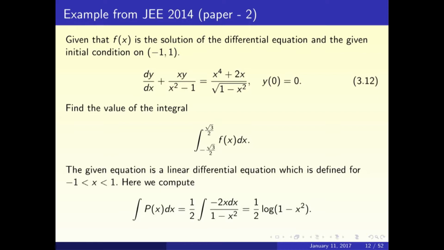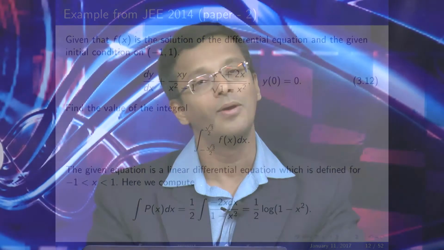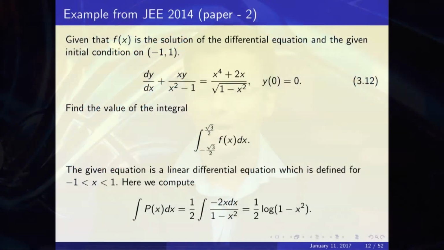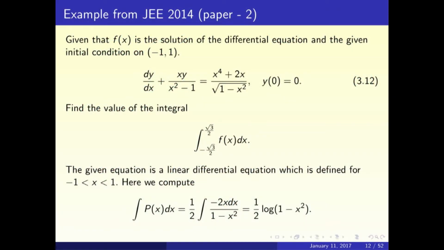And the integral is log mod 1 minus x squared. There is again no need to put the mod because 1 minus x squared is positive when x runs from -1 to 1. So integral px dx is half log 1 minus x squared. So what should we compute? E to the power integral px dx.